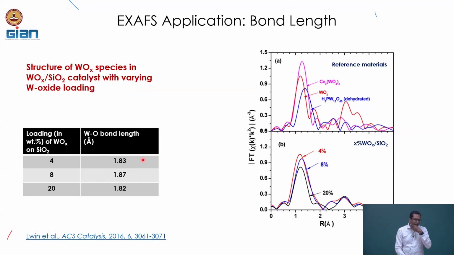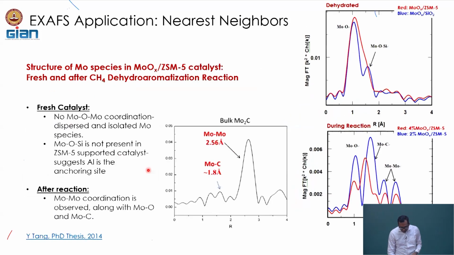But then again it always depends on the type of the model that you have chosen at the beginning. If that is pretty close to the type of the sites that is present in your catalyst, you will have a much better fit as compared to the one where you are far away from the practicality.